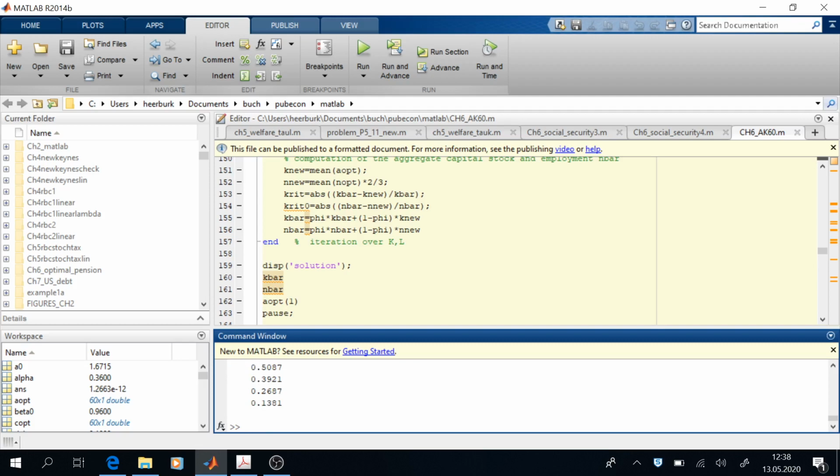So 0.138, that's the wealth level at age 60 in our final solution when our aggregate capital stock has converged. So let's look at the divergence criterion here that we have stored for this iteration, and you can see it's below 0.001, and we have found a nice solution here with our program.